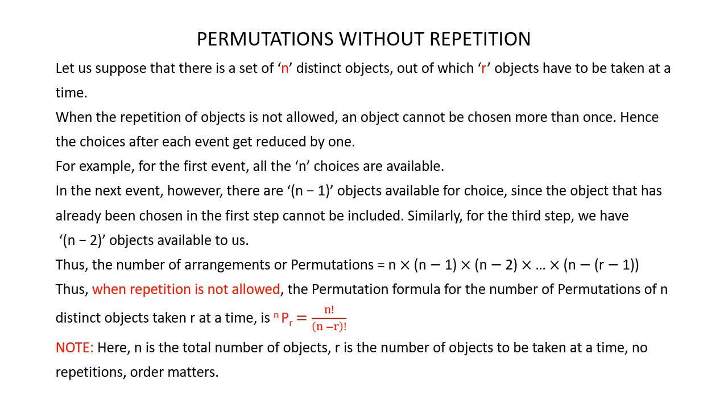Note that here n is the total number of objects to choose from, and r is the number of objects to be taken at a time. There is no repetition of the objects and also the order matters. Now let's look at an example to understand the concept of permutations without repetition better.